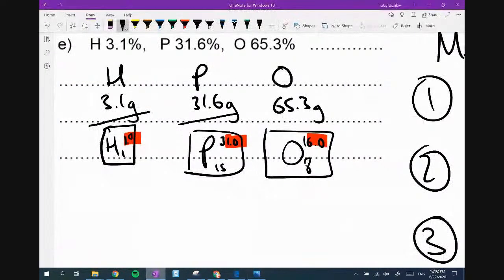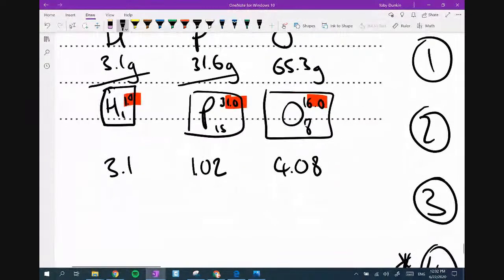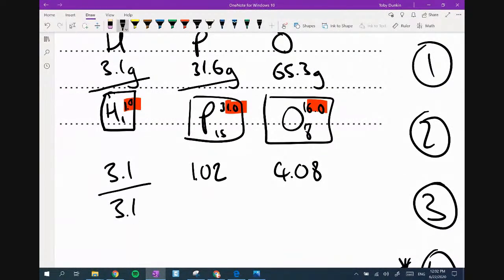Nice. Right, so hydrogen becomes 3.2. 31.6 divided by 31 gives me 1.02. Next one, 65.3 divided by 16.0 gives me 4.08. Right, divide them all by the smallest, 3.1.